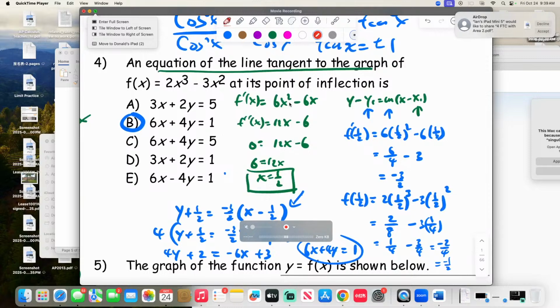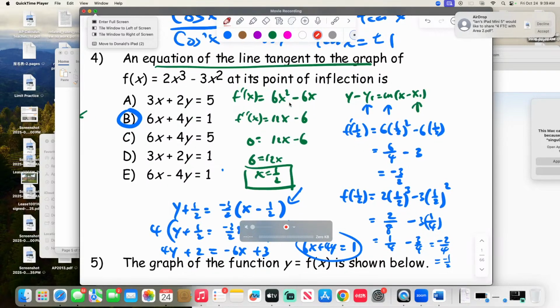This one is a lot of work. The reason why I like this question is that it's the only question I've ever seen that uses all three things: f of x, f prime of x, f double prime of x. Let's start by finding the point of inflection. Well, x is equal to 1/2.